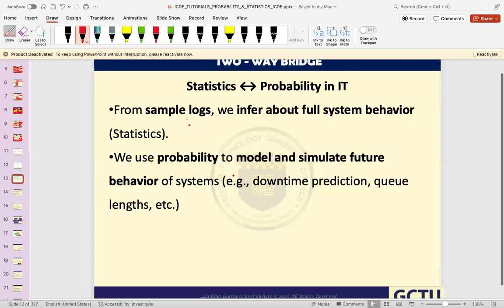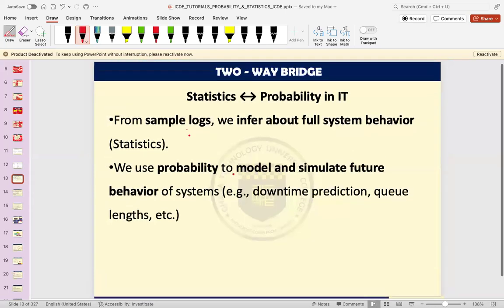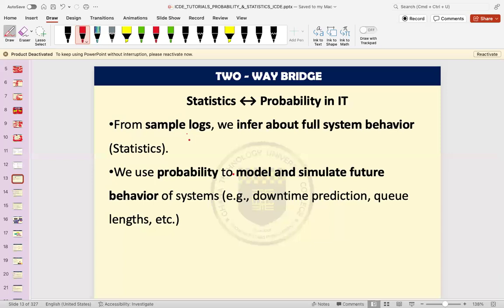And like I said, this is the roadmap. Statistics and probability in IT are going to move us either from left to right or from right to left.